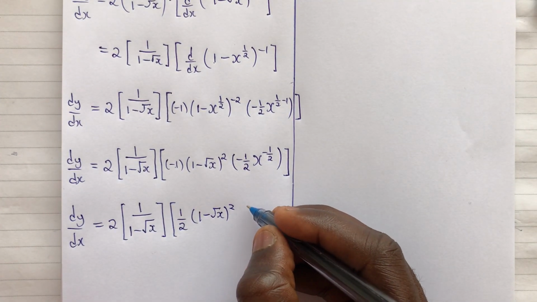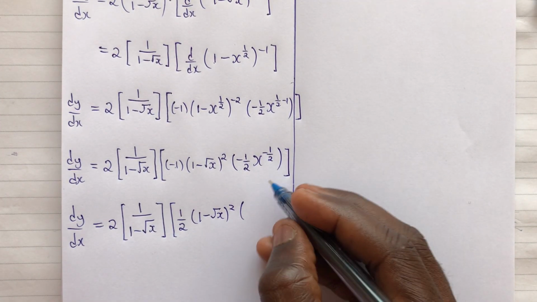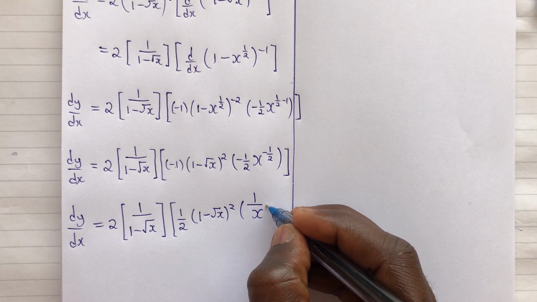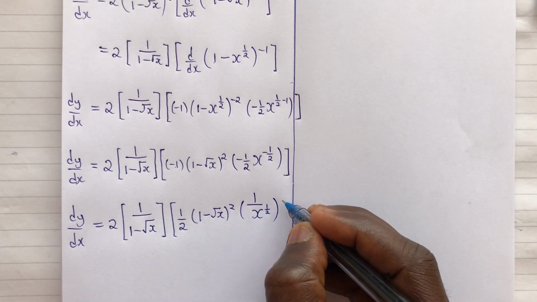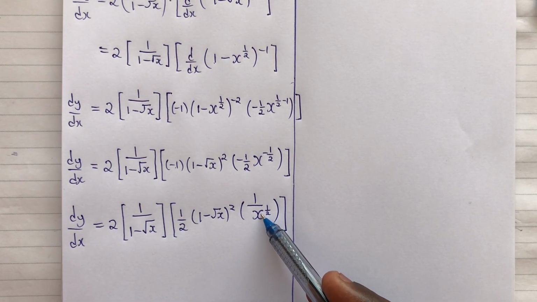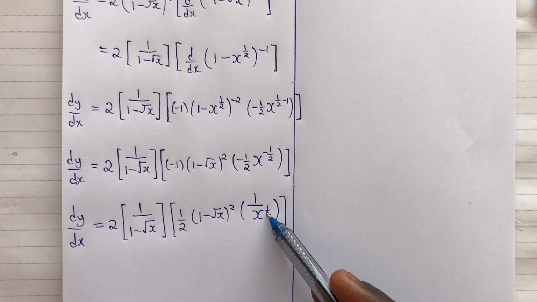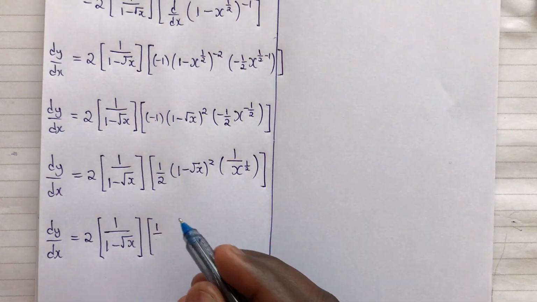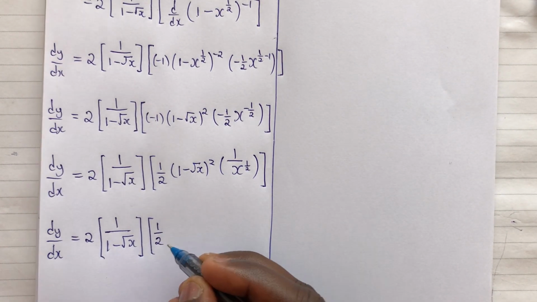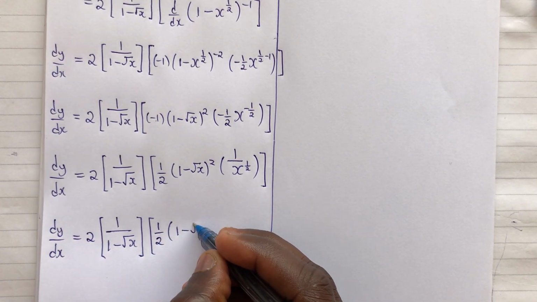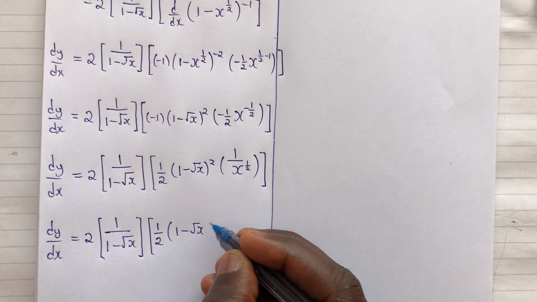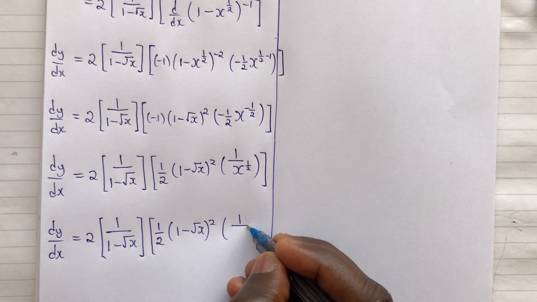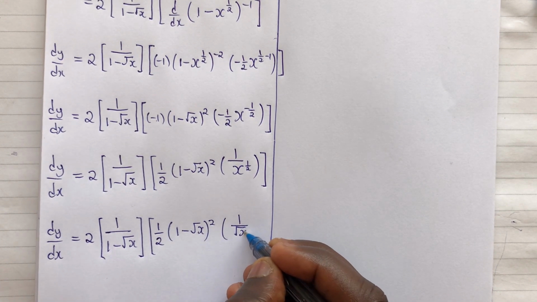Then we multiply this by, now this is giving us 1 over x to the 1 over 2. Okay, so now I have made this a fraction. Now this x to the 1 over 2 is the same as root of x. So in our next step we can do that. So we have 1 over 2 times 1 minus root of x all squared multiplying 1 over root of x.